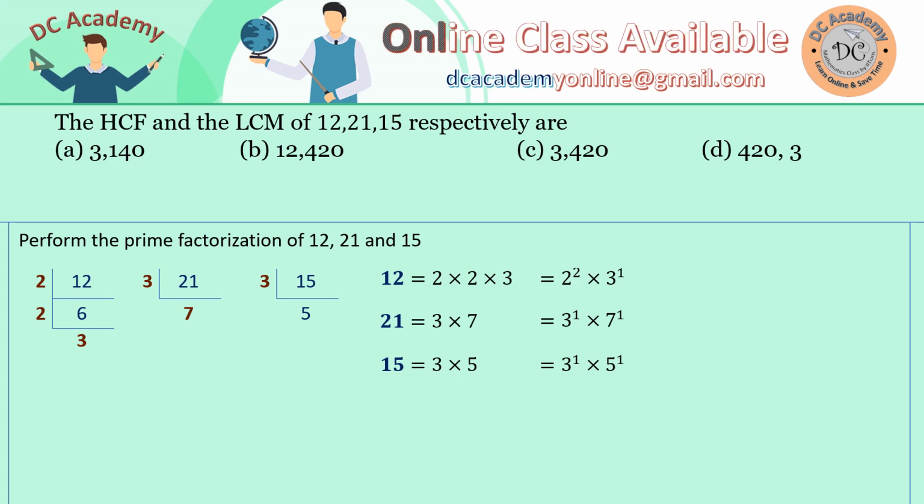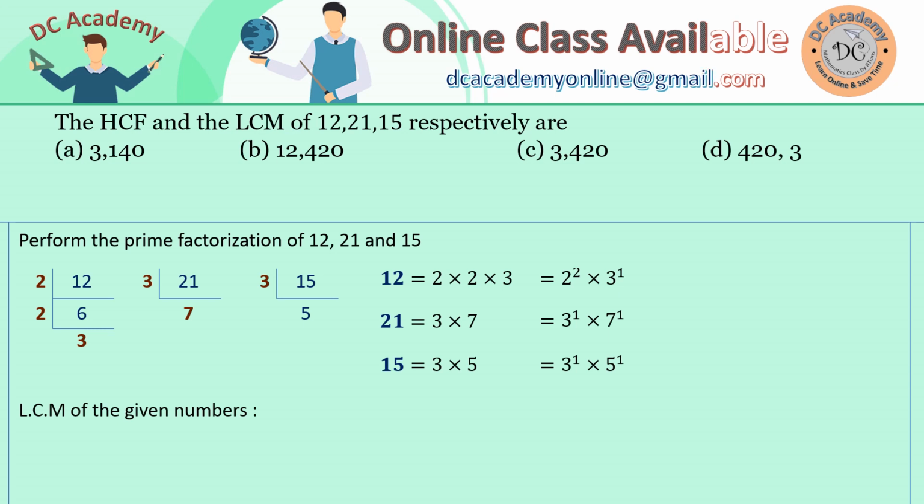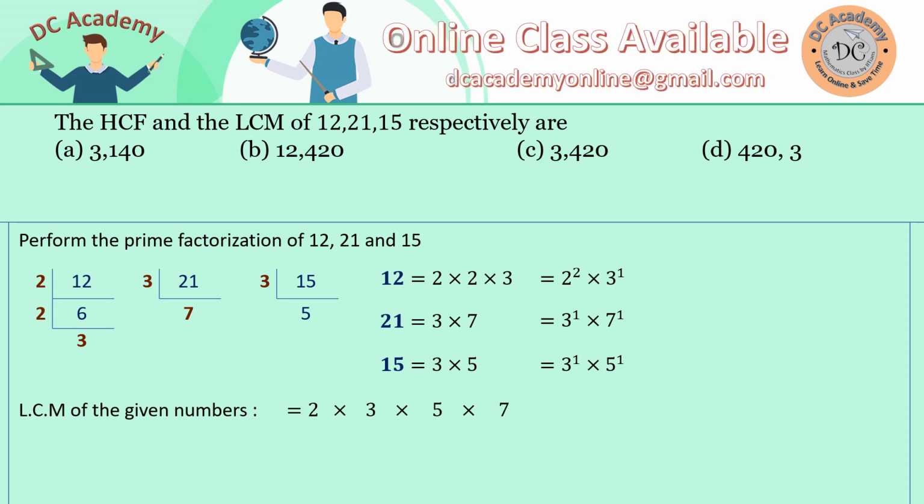To write down the LCM and HCF, first we have to write down all the distinct prime factors between 12, 21 and 15. First let's see how we find the LCM. We write down all the distinct factors. So here it's 2, 3, 5 and 7. Now to find the LCM, remember we need to find the maximum available power among all the numbers.